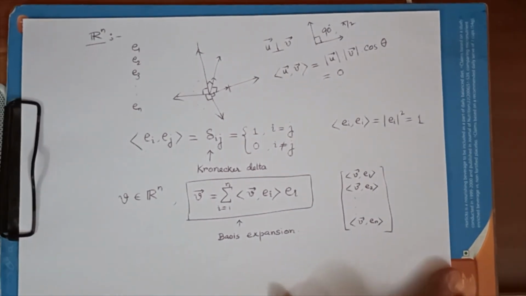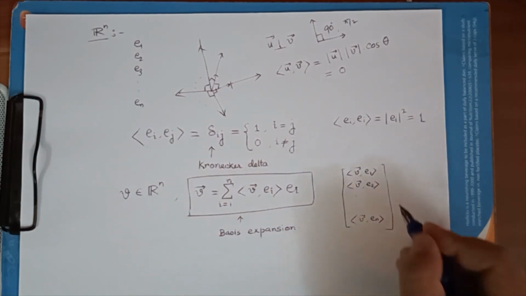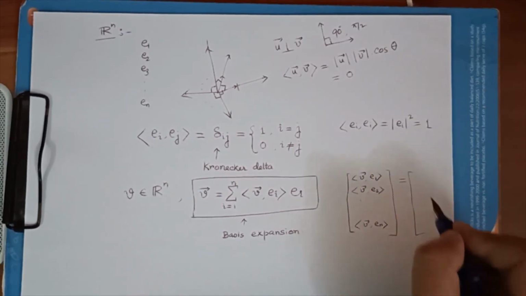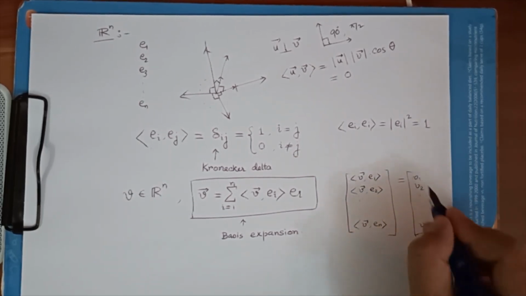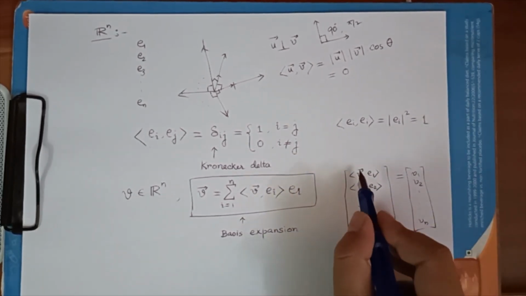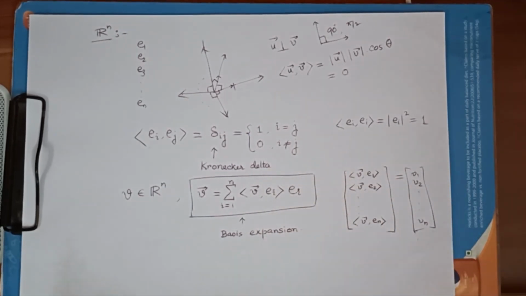Now the concept, this expansion, or this representation, which we can denote as V1, V2, etc. Those scalars are essentially the inner products of the vector V with the corresponding basis.